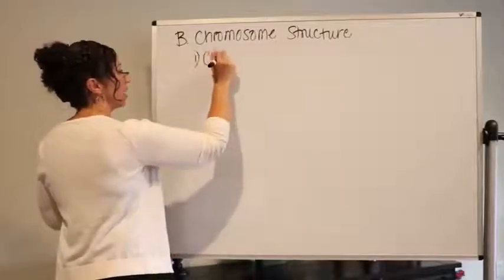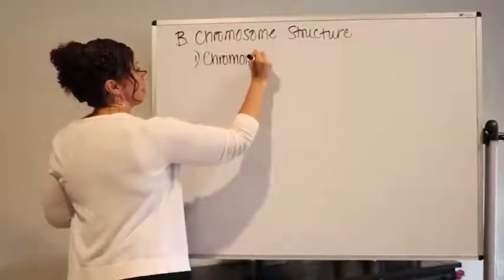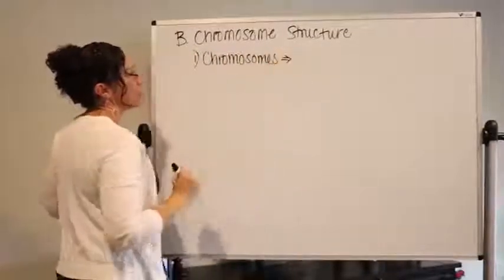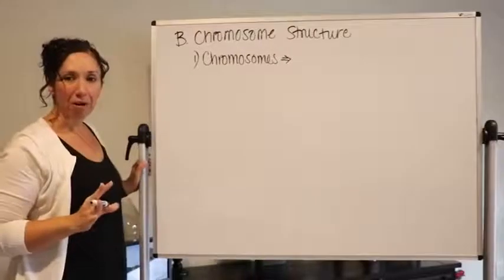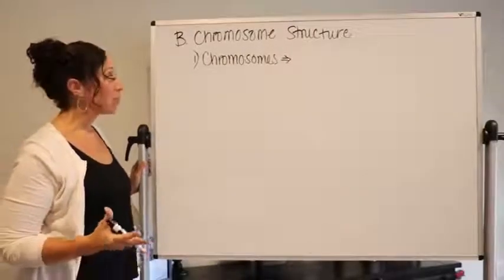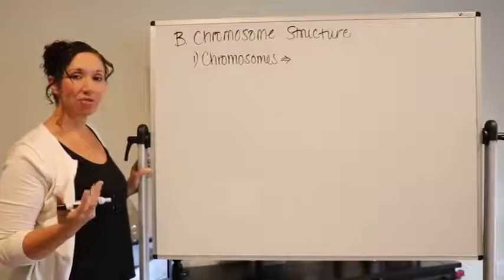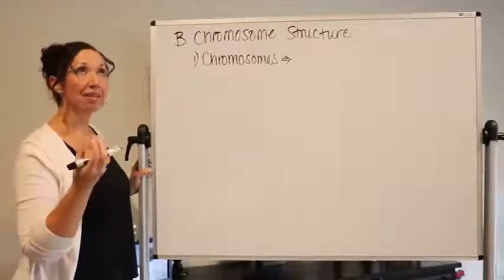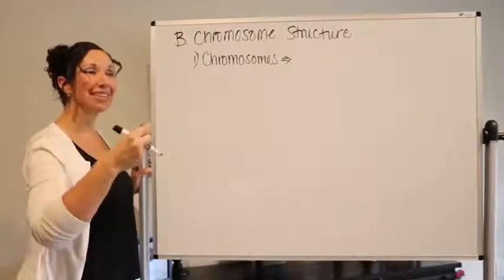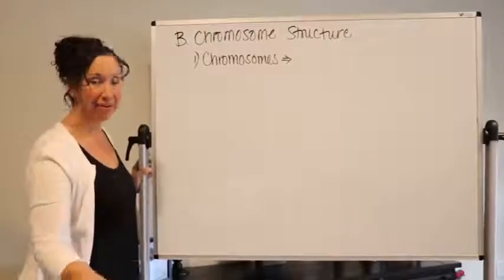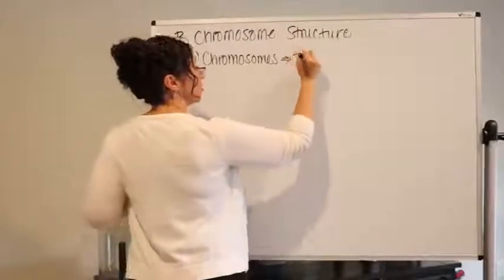What you got to know is that chromosomes, let's define what they are first of all. We've kind of talked about it back in Unit 1 when we were talking about our macromolecules and our nucleic acids. So chromosomes are the structure that DNA takes inside the nucleus.